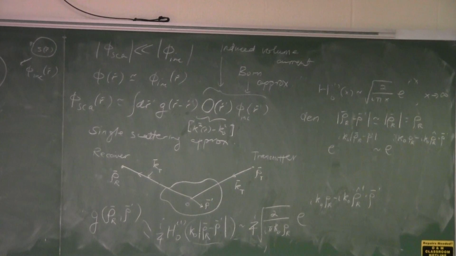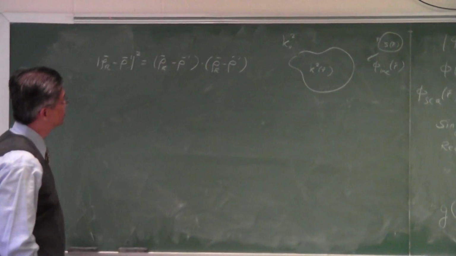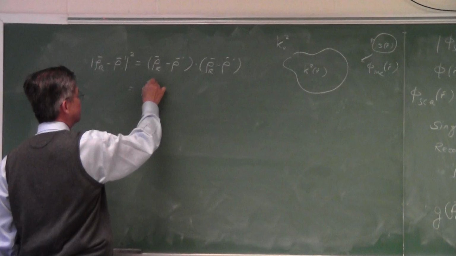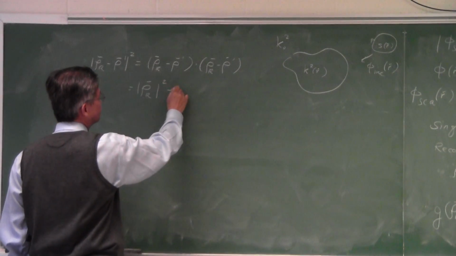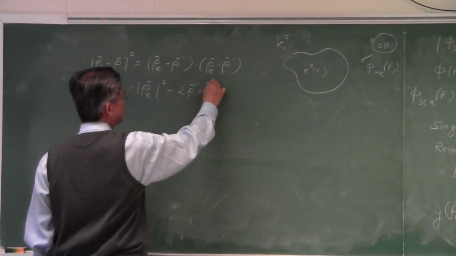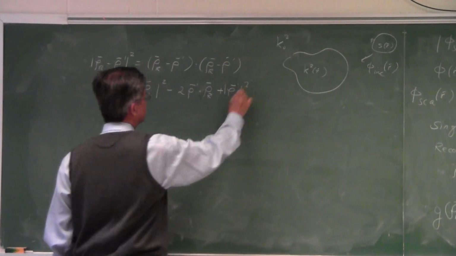Maybe write this as this is equal to that, and then this is equal to rho r squared minus 2 rho prime dot rho r plus rho prime squared, right?